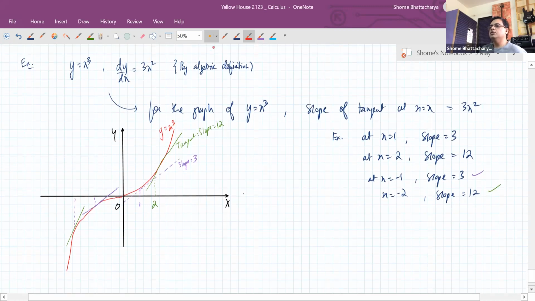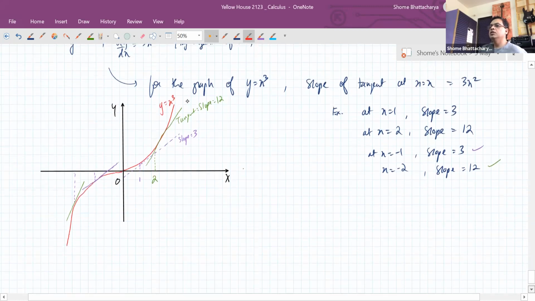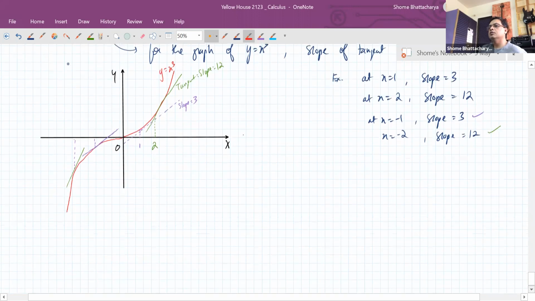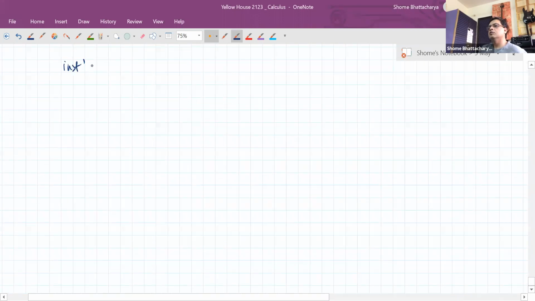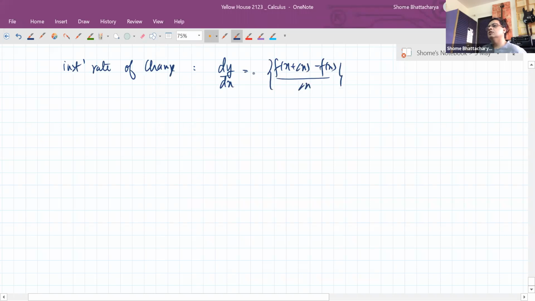Okay, so now that we have understood instantaneous rate of change in two ways. Okay, one is from the algebraic definition point of view, that it is f of x plus delta x minus f of x divided by delta x, limit delta x tending to 0, or we have understood it from the geometrical meaning, that it is slope of tangent.